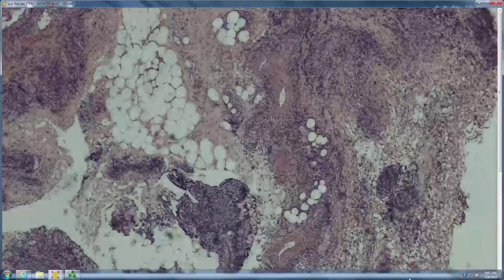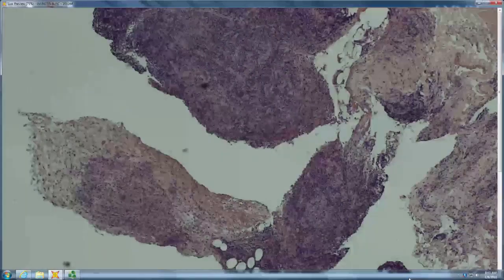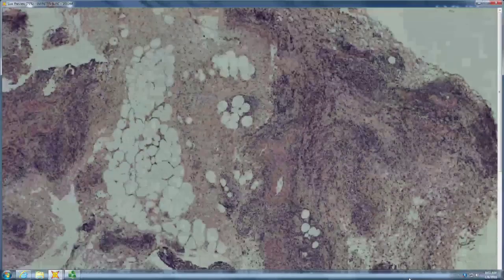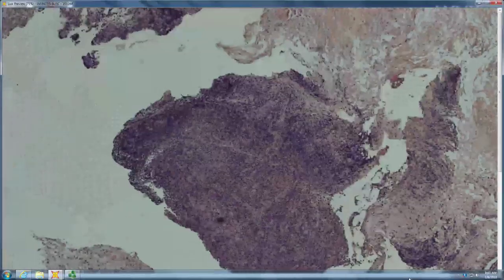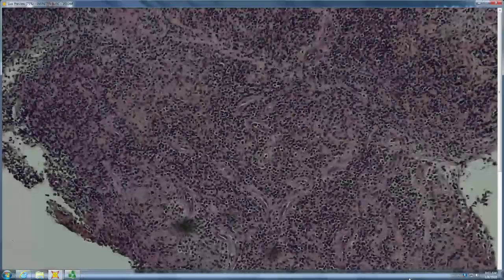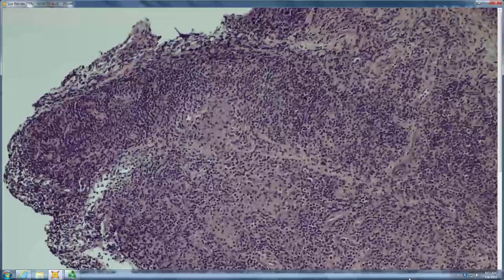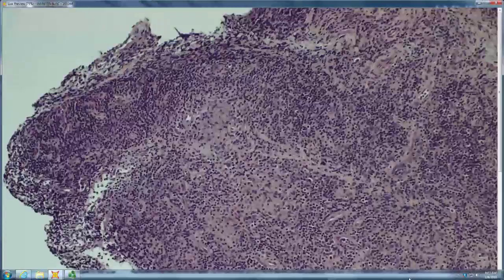So, looks like we have a lot of inflammation around fat and then blood vessels. They look like lymphocytes, and they're surrounding what? So looks like they're making granuloma.